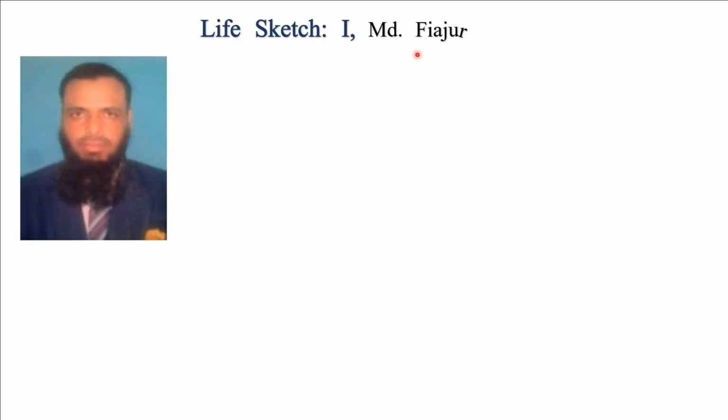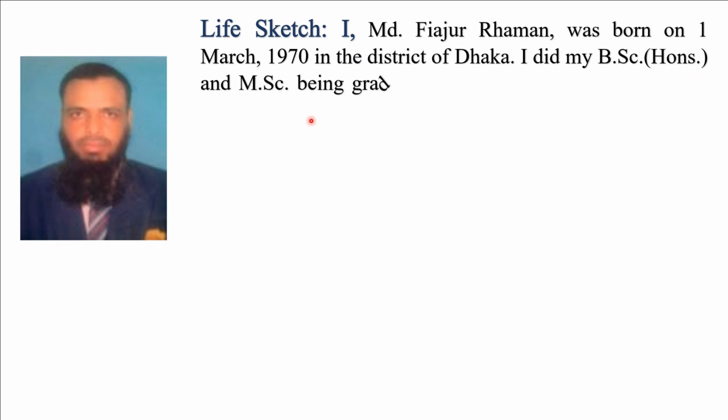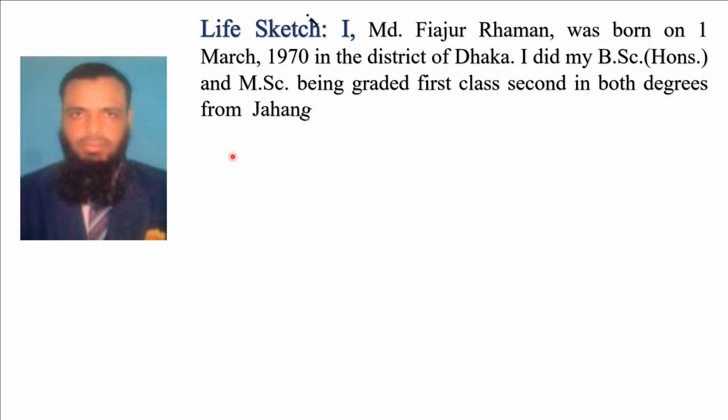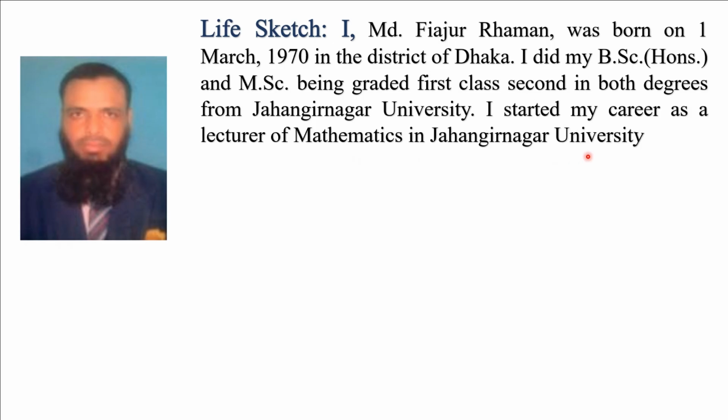Life sketch. I, Muhammad Rahman, was born on 1st March 1970 in the district of Dhaka. I did my BSc Honours and MSc, being graduated first or second in both degrees from Jahangirnagar University. I started my career as a lecturer of mathematics in Jahangirnagar University School and College.